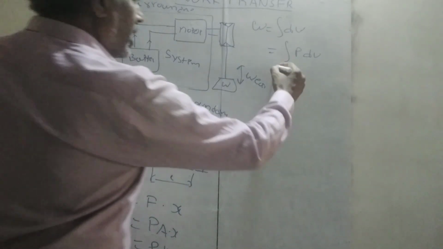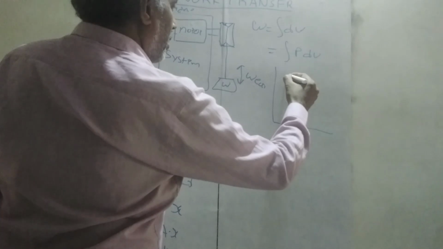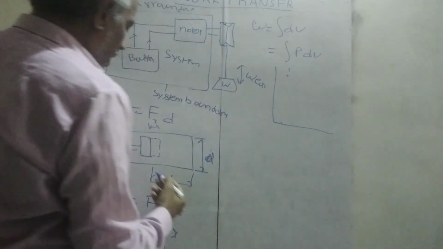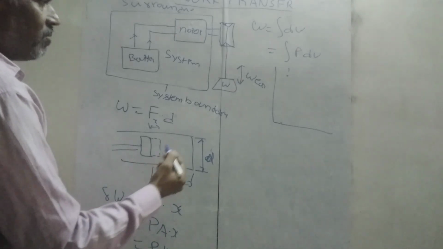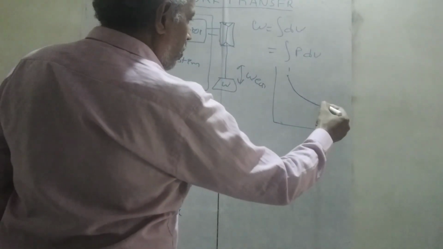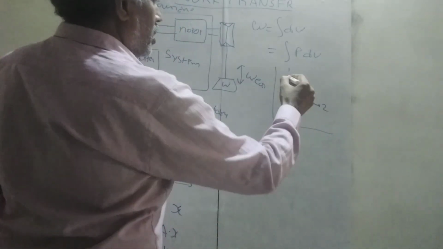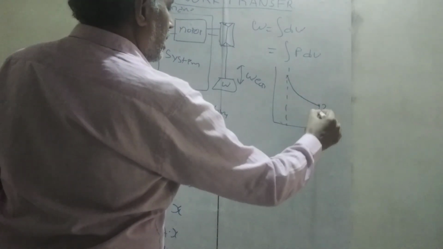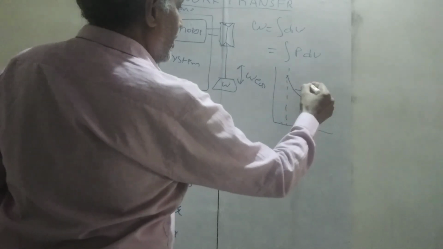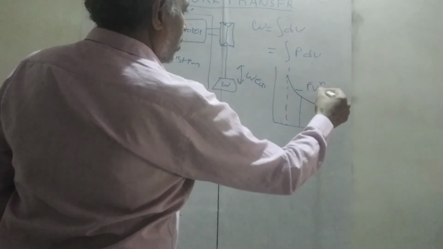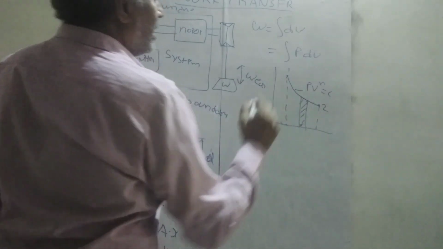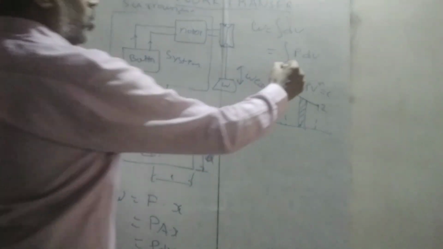If you draw a graph with point 1, where pressure and volume are changing simultaneously, dropping to point 2, the work is nothing but the area under this curve. The integral of P dV, with P V to the power of n equal to constant. So this area is from 1 to 2.